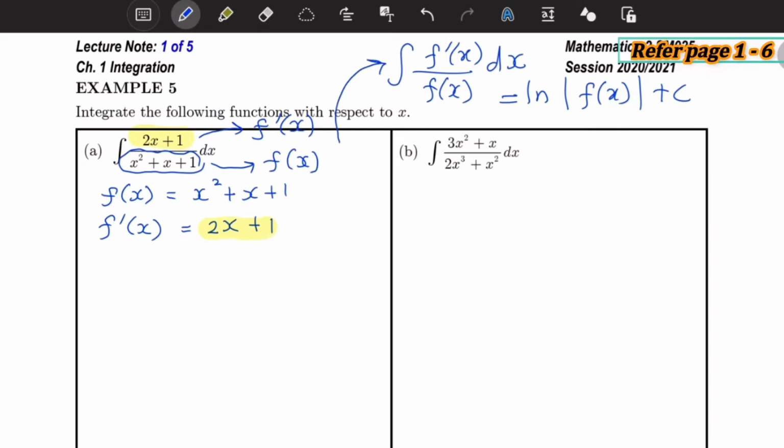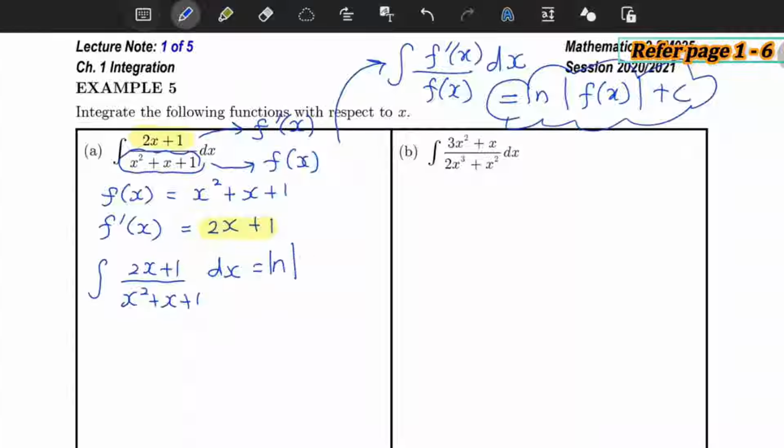So we can apply the rule. Therefore, integrate 2x plus 1 over x squared plus x plus 1 dx equals ln fx, which is ln of x squared plus x plus 1, plus c. So that is the final answer.